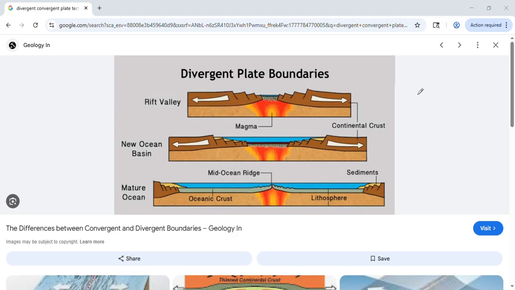So this area is an earthquake prone zone.